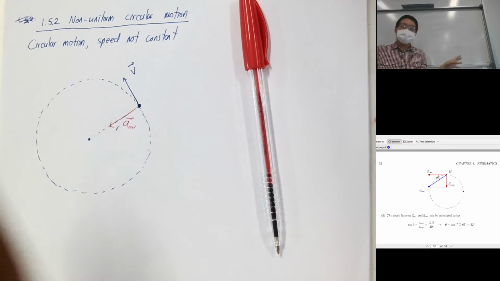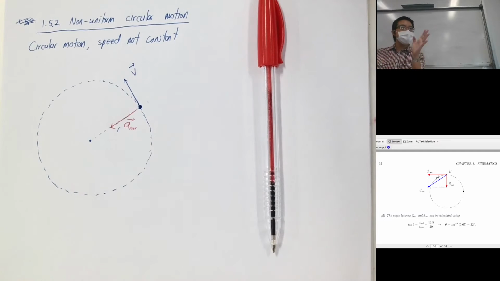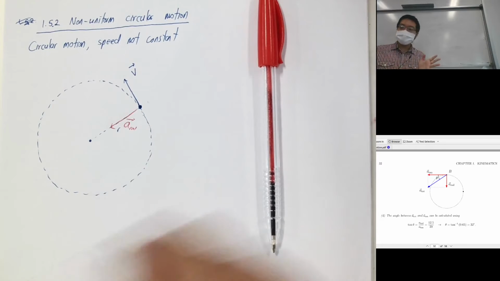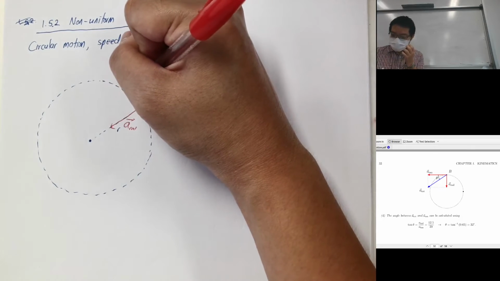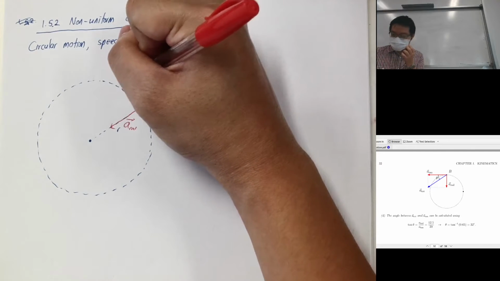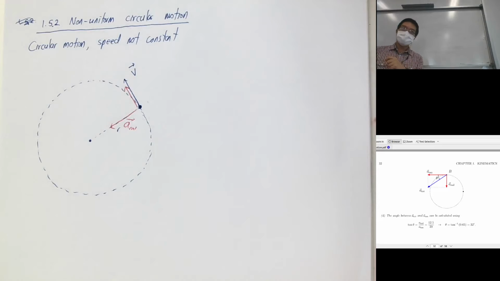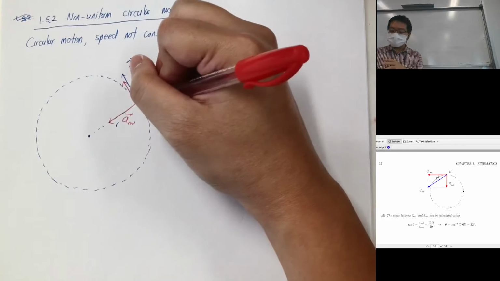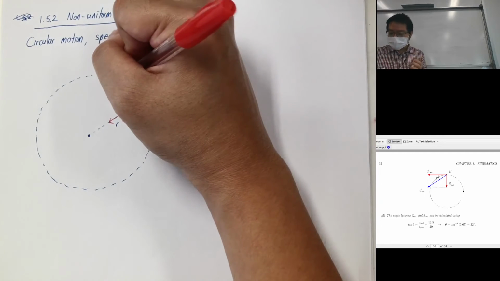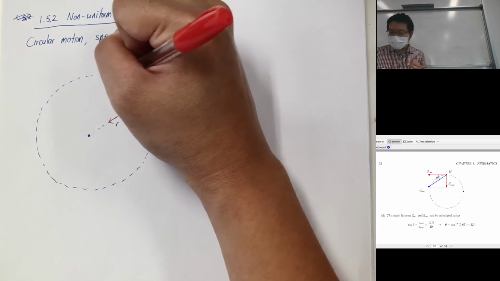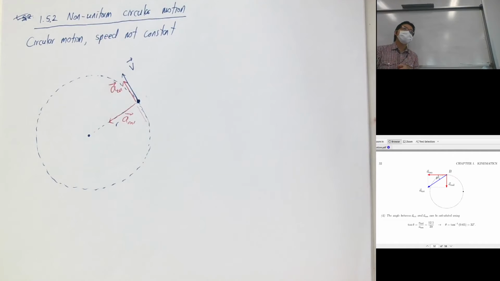So the direction of this acceleration vector can be parallel to the velocity vector. If it's backward, it will slow the object down. If it's forward, it will speed it up. This is my new acceleration, which we call the tangential acceleration.